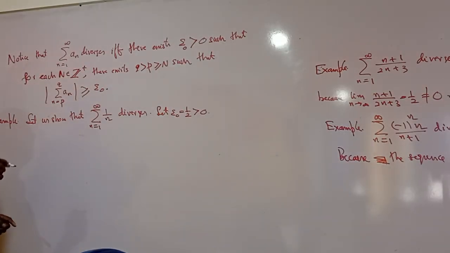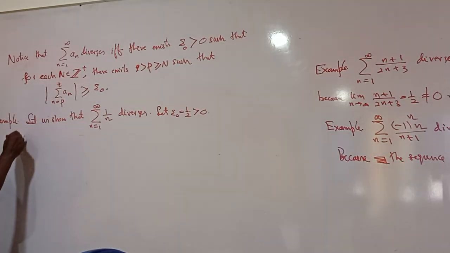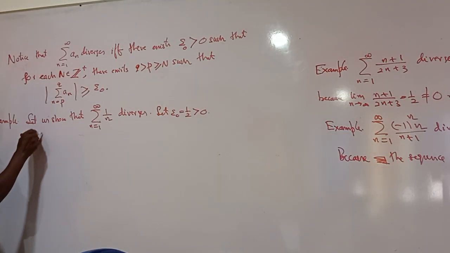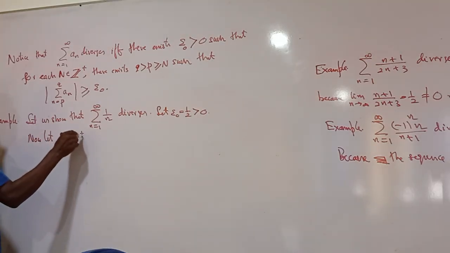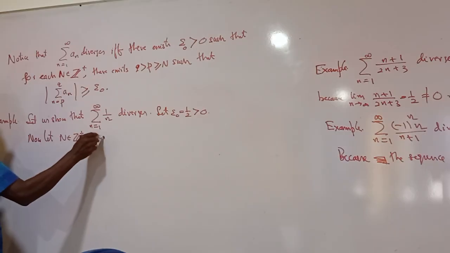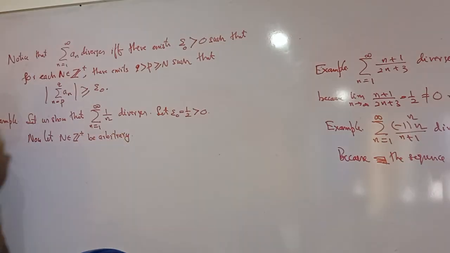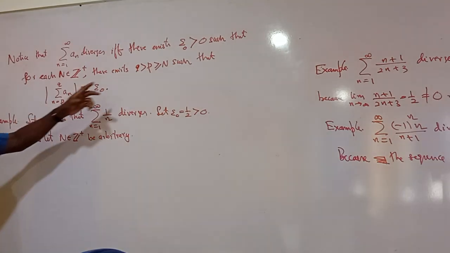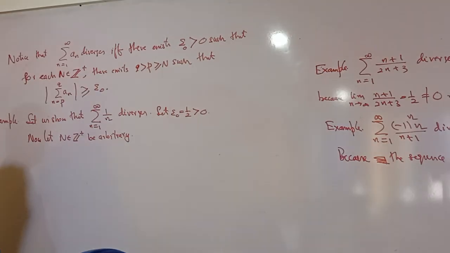Before writing the proof, something must be clear to you. Now let capital N belonging to Z plus be arbitrary. I am going to find Q greater than P greater than or equal to N, right?